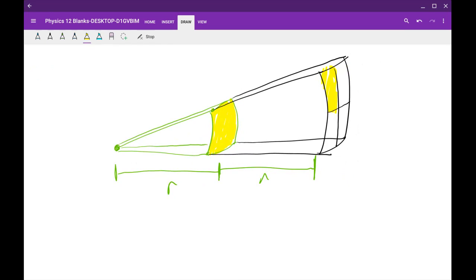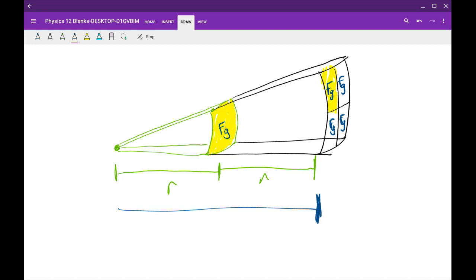It's 4 times bigger, meaning the same amount of gravitational force, if it travels out twice as far, has to cover 4 times as much space. And so it becomes a fourth as intense. It's less intense by a factor of 4 if you double the distance.